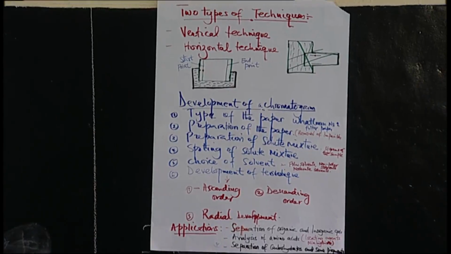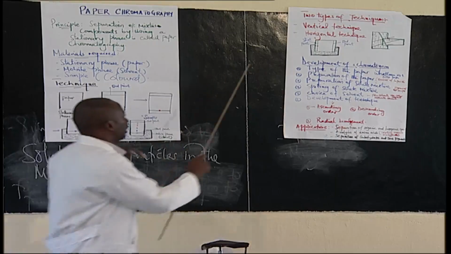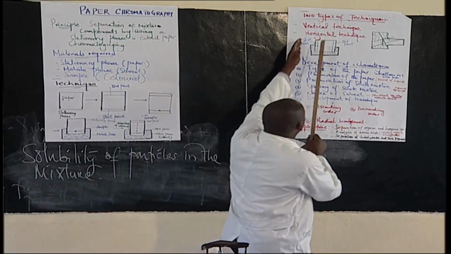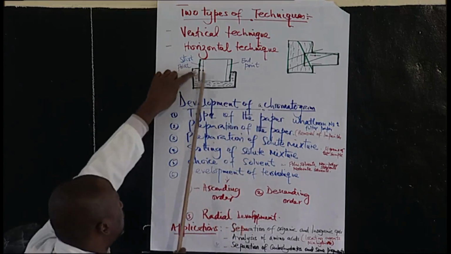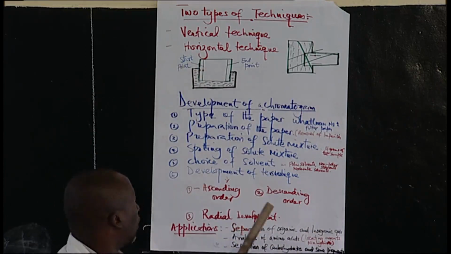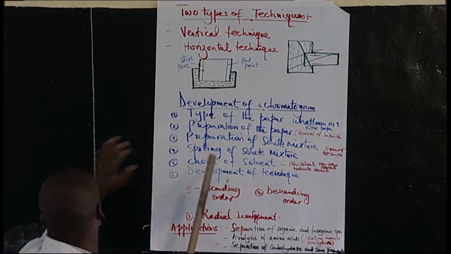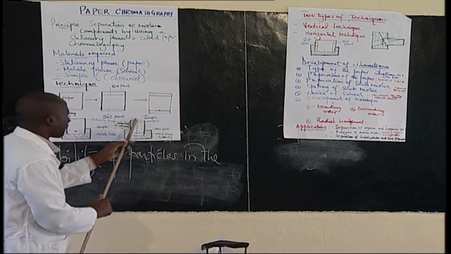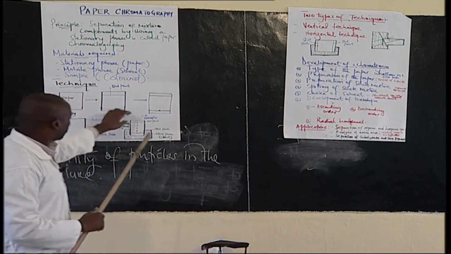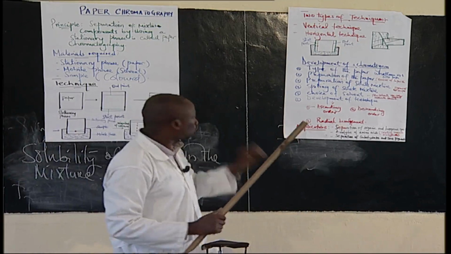The vertical technique is this one, which was moving. So the horizontal technique is this one, whereby you have the sample here, so it will be moving in a horizontal direction. So this is that paper, the whole of this paper, after separation, is what we call a chromatogram.